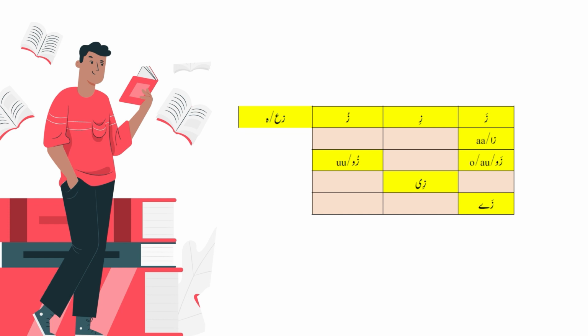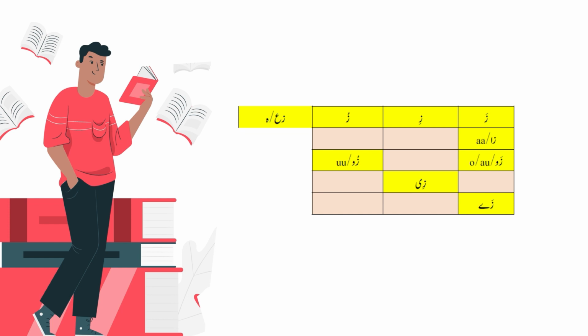With badi ye or ya majhul, it will become Ze. So the sounds will be Za, Zi, Zu, Za, Zaa, Zaw, Zoo, Zee, Ze. Okay, practice with me.